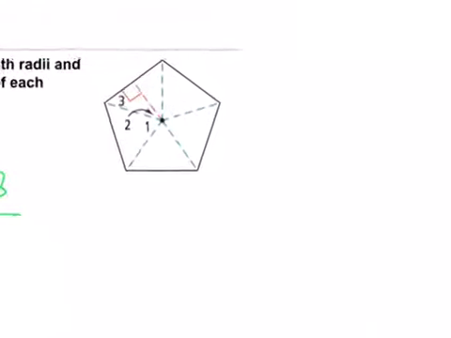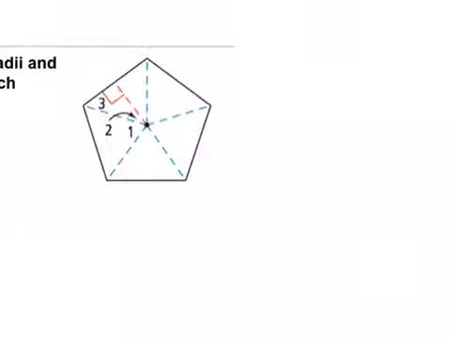So if I zoom in a little bit, the first one that I want to figure out is what we call angle 1. And angle 1 is referred to as a central angle in that figure. If you notice, it is right in the middle and it's made by 2 radii.